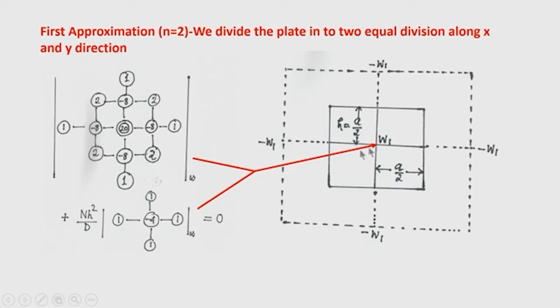So, if I place this circle containing the coefficient minus 4 here, the other points are falling on the boundary, this is falling on the boundary, this is falling on the boundary, and this is also falling on the boundary. So, naturally the deflection is 0.